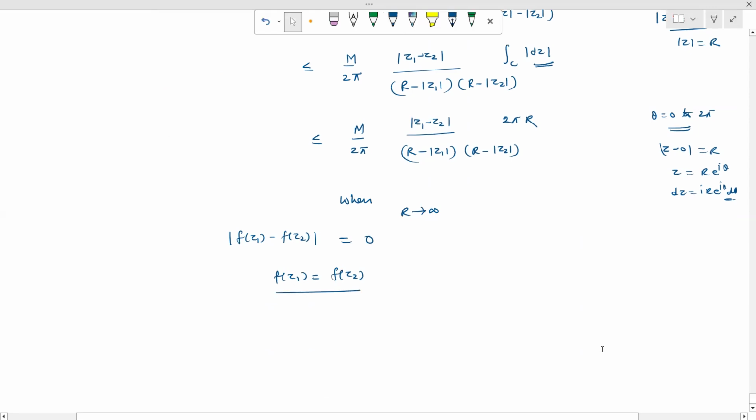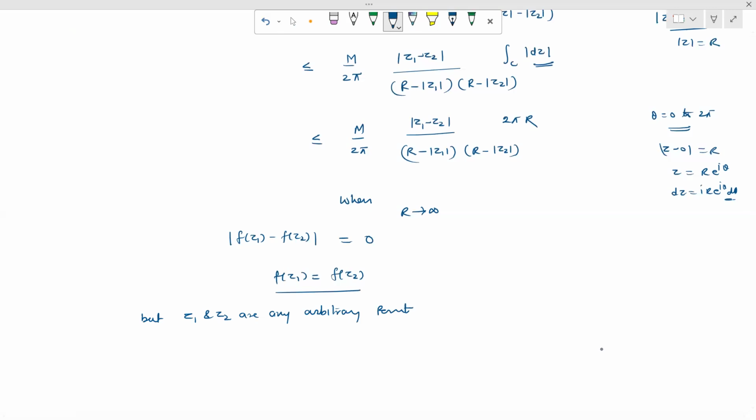So we can say that z1 and z2 are any arbitrary points, so the value of the function remains constant.